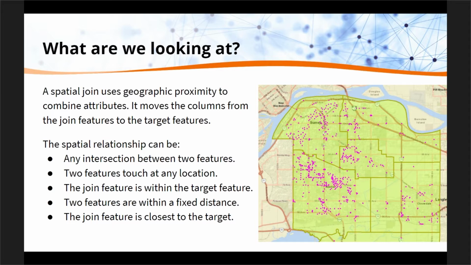When looking at spatial relationships between 2 features, we're considering things like intersections, adjacencies, like our boundaries touching each other, containment, and proximity. These are often defined as spatial predicates, which we'll touch upon a bit later.